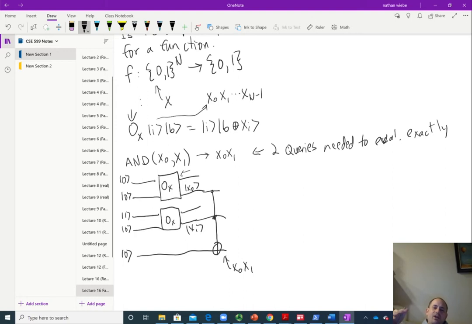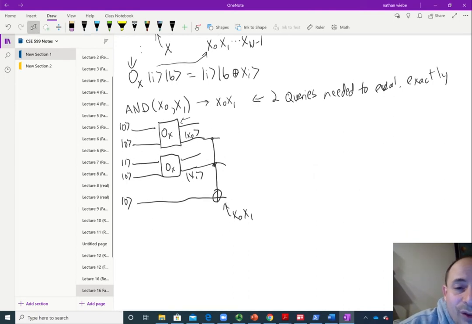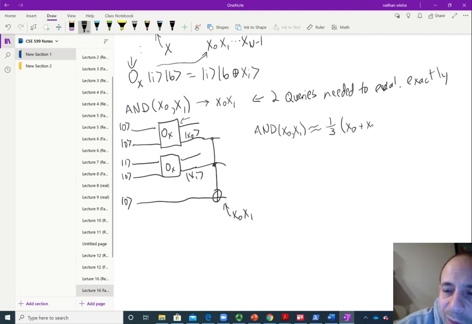Now, we can also consider approximating a particular function. It turns out that the AND function can also be approximated using a linear polynomial. So AND of x0 and x1 is approximately equal to 1/3 (x0 + x1).